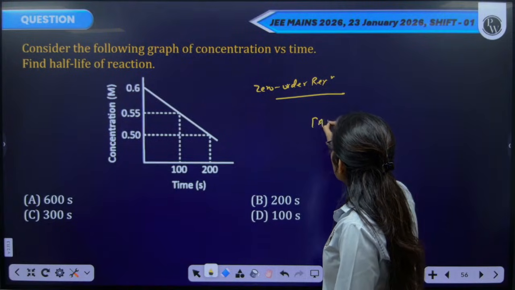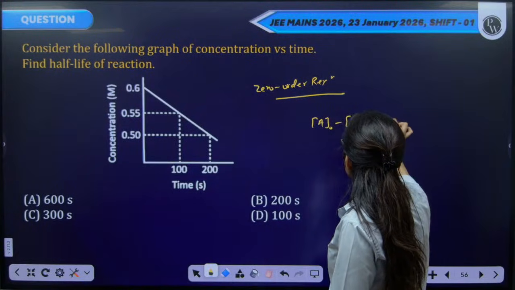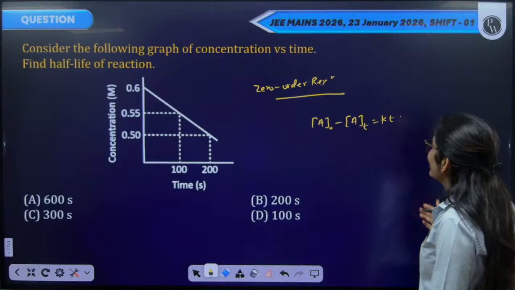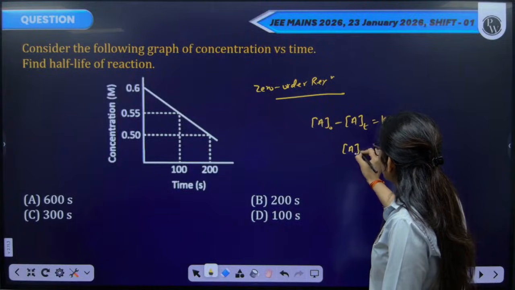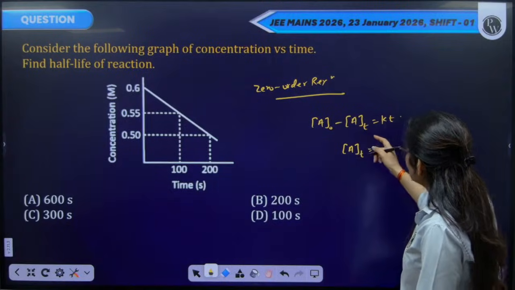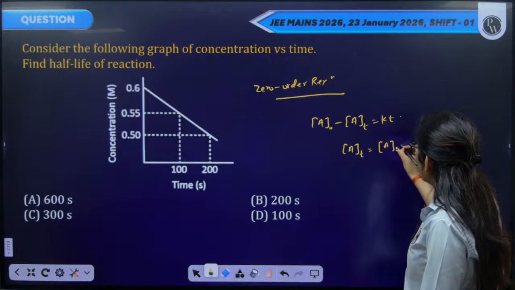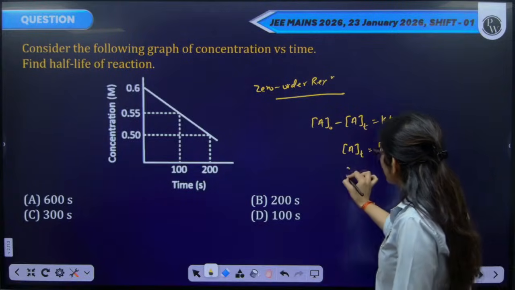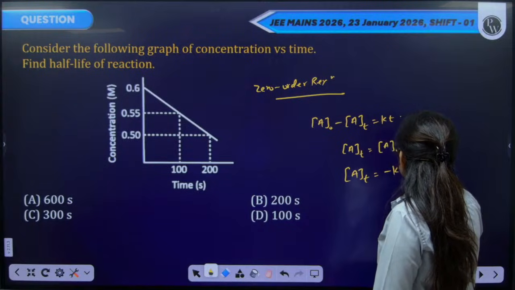That was A naught minus At equals Kt. If you rearrange this equation, it will be At equals A naught minus Kt, or you can write it as At equals minus Kt plus A naught.